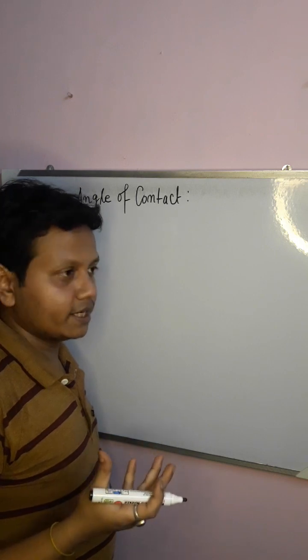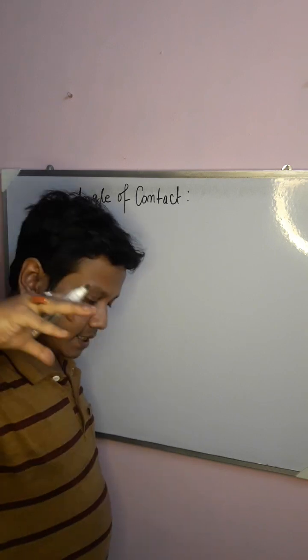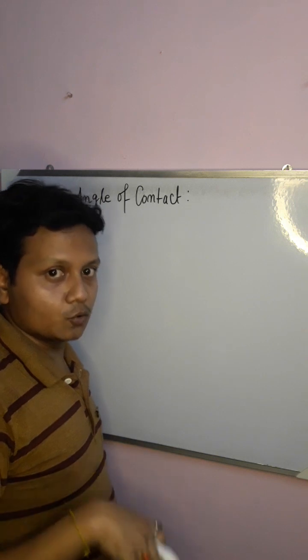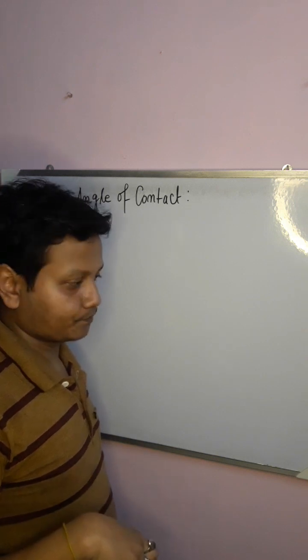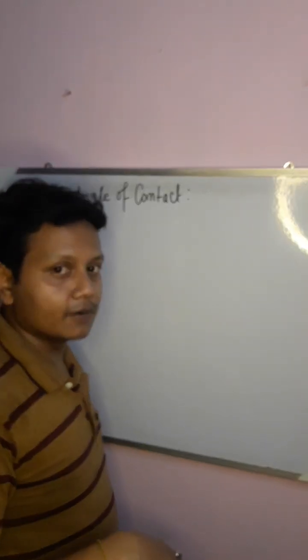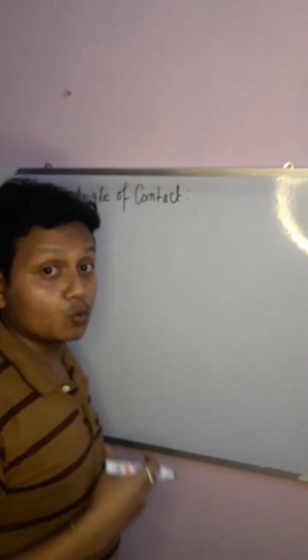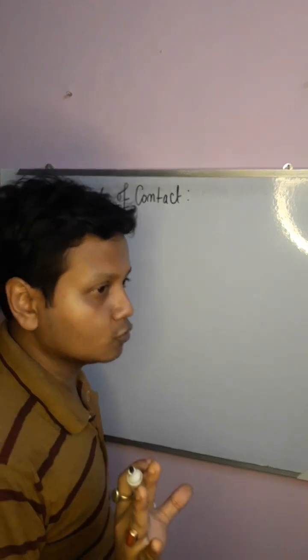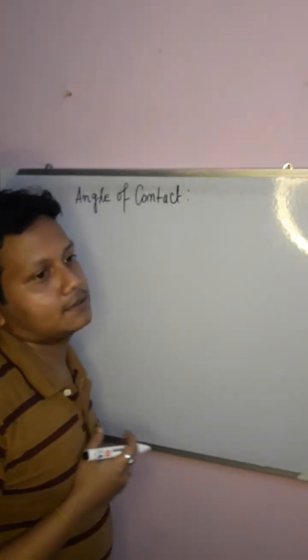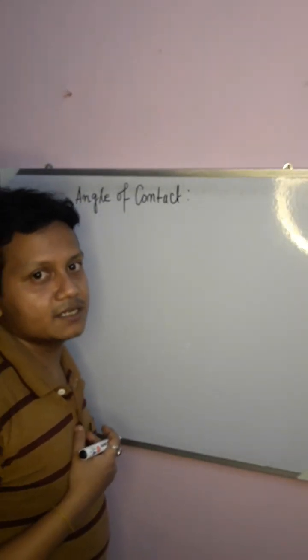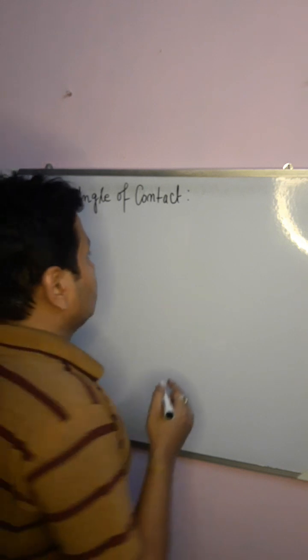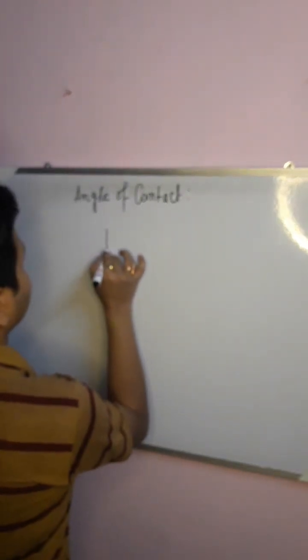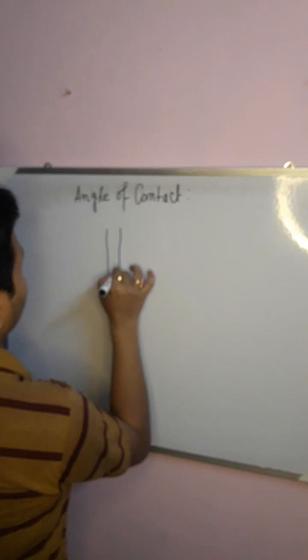Now first of all, there are a few liquids that, if we dip them in a vertical tube, wet the walls of the tube, remember, which wets the walls of the tube. In that particular case the liquid forms a concave meniscus. Say this is a capillary tube.